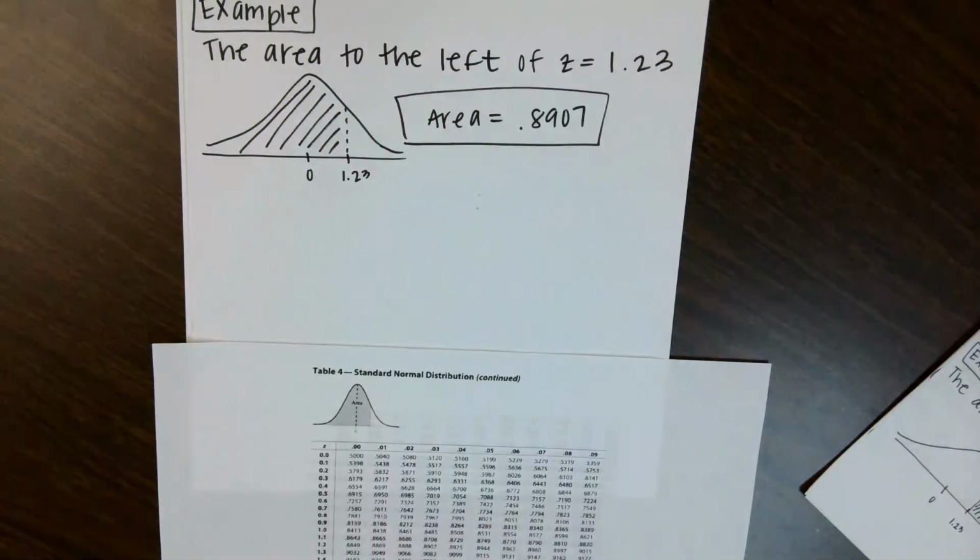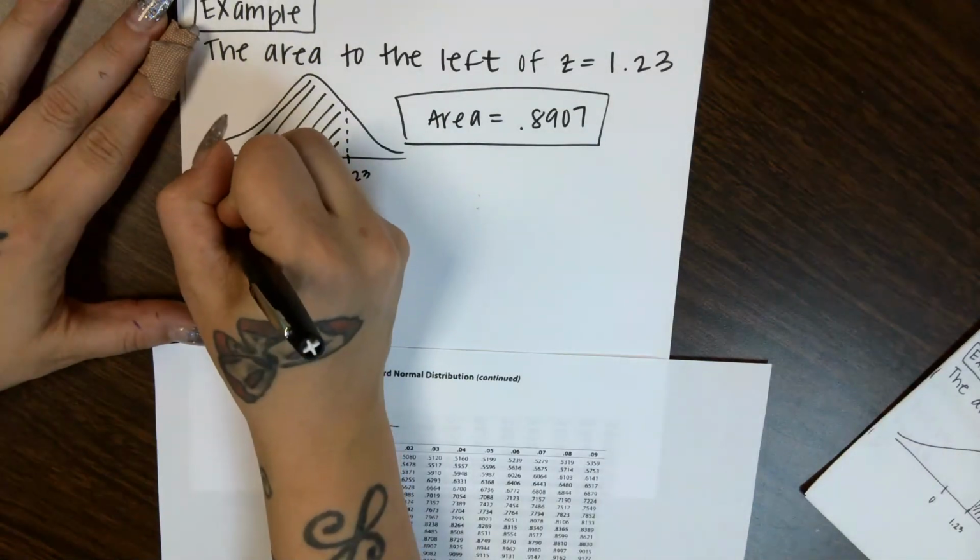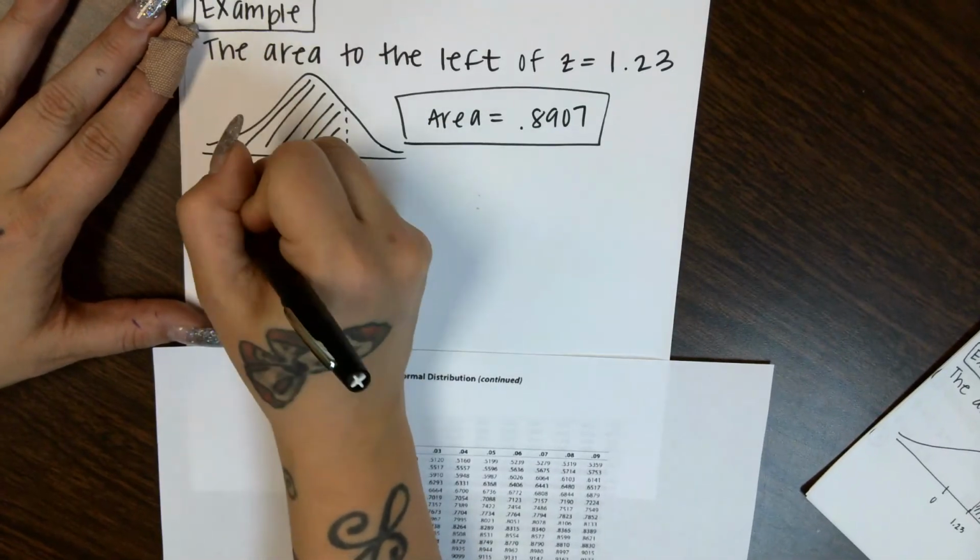Okay, so that's how you do it. If it's to the left of the score, just use the table. I sketch it, I look, I compare. If you pick up the table, you should get your answer. Just pay attention to where it tells you to round things. Okay, now what about right of z-score?